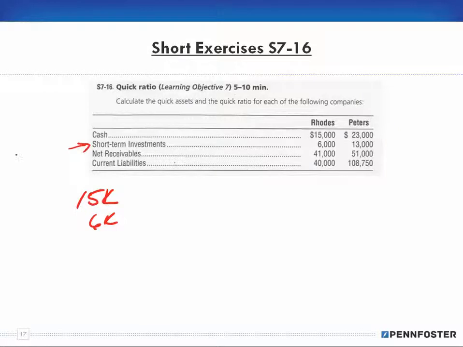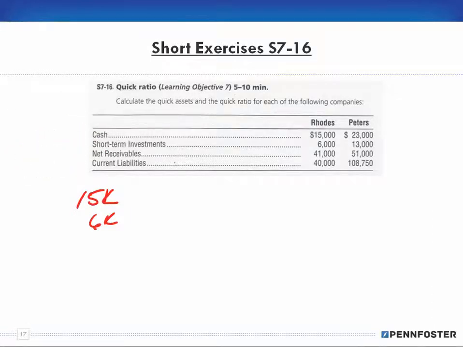Generally they don't call them short-term investments; they call them marketable securities. And remember, these marketable securities are generally when one company buys the stock of another company.